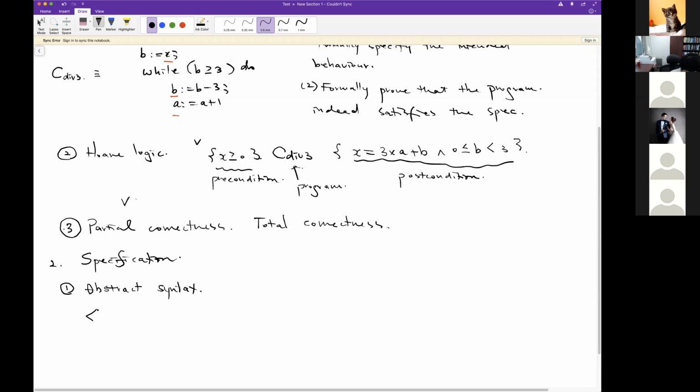The first case looks like this. It has an assert inside the curly parentheses, and then we have a command, and then we have another assert for the postcondition that I told you. So that's one case, and this is for partial correctness.